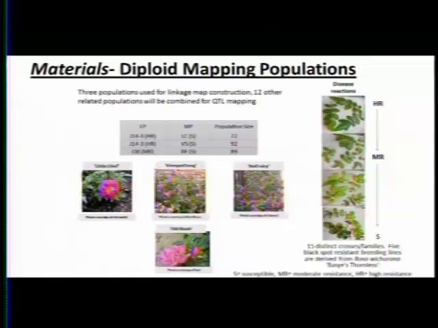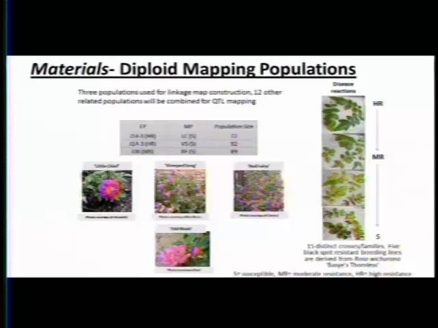We tried our best to pick three pretty big populations, and also chose them because we're interested in these parents. To create a mapping population, we want to cross one highly resistant line with one susceptible line to create a segregating population.